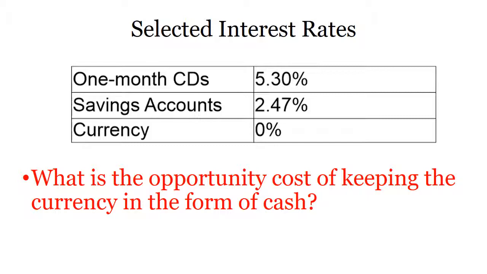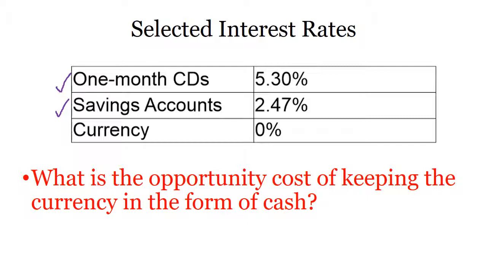So the question is, which interest rate is your opportunity cost? Remember, you have lots of trade-offs, all the things that you're not doing. So, if you decide to hold money in your wallet, you have two trade-offs. It's not in savings, it's also not locked away into a 1-month CD.